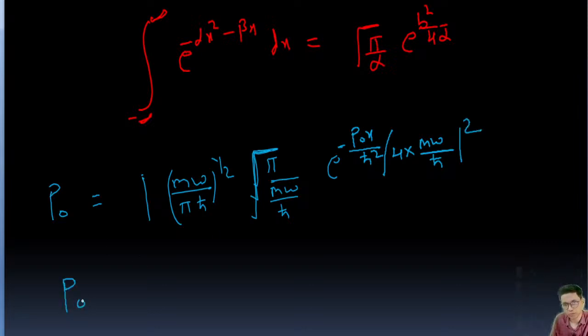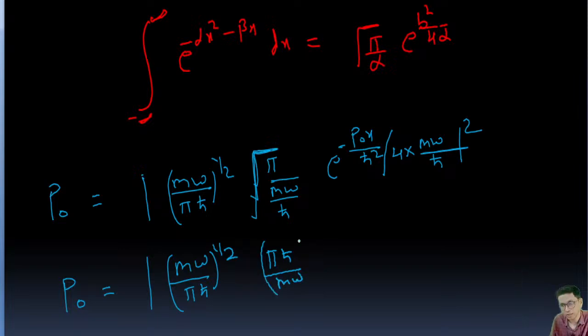So p naught value is going to be m omega upon pi h cut to the power 1 by 2 into pi h cut upon m omega to the power 1 by 2. This will get cancelled.